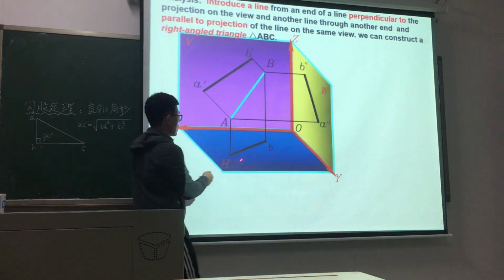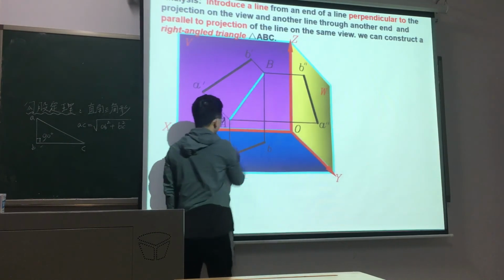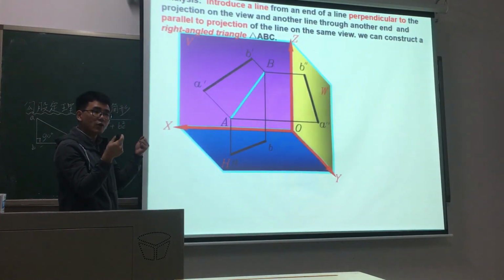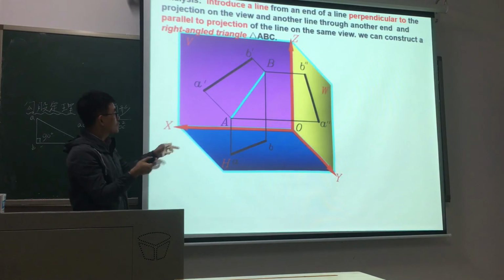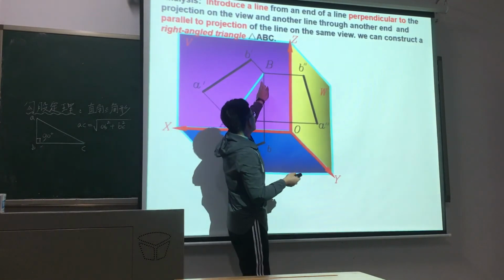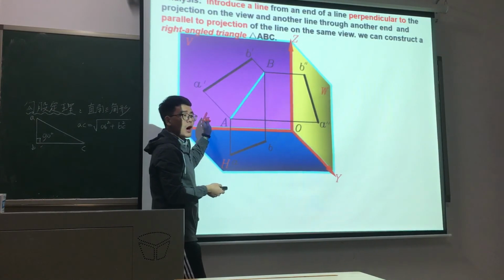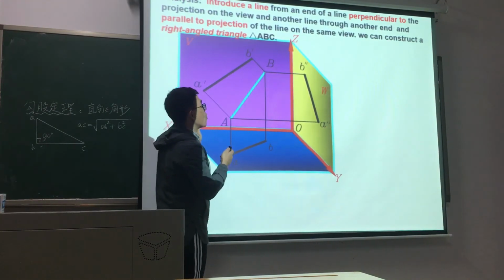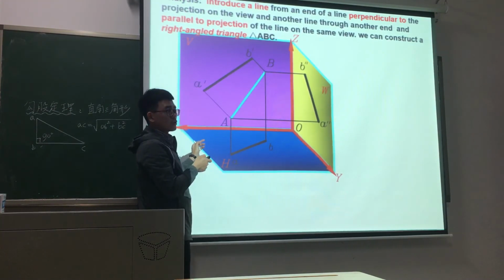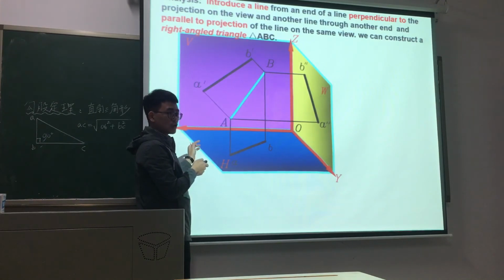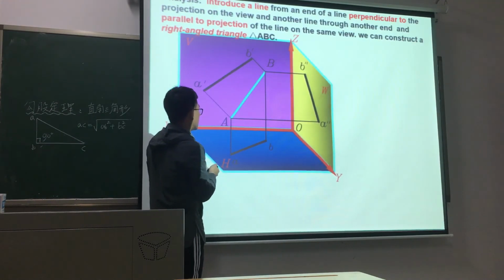So this length AB is not equal to this one. If you want to get the AB length, the method is to draw a right angle triangle to get the length.